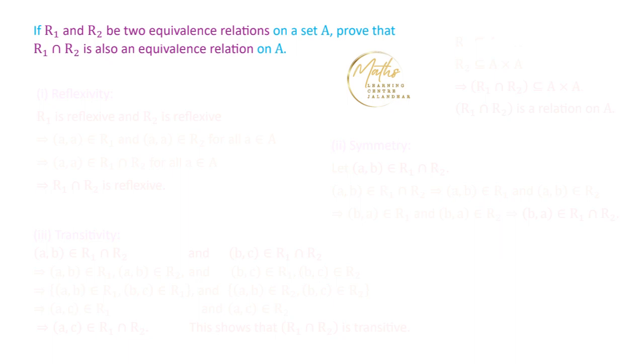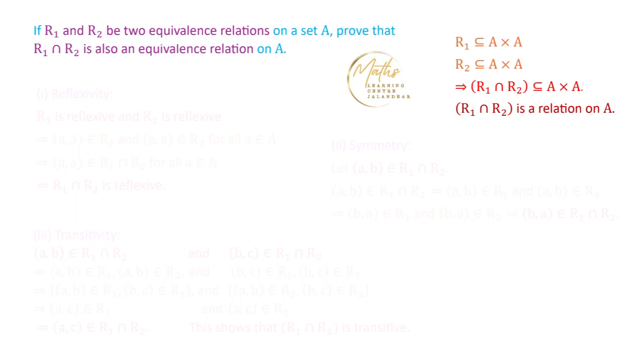R1 is a relation on A, which means R1 is a subset of A cross A. R2 is a relation, so R2 is a subset of A cross A. This implies that R1 intersection R2 is a subset of A cross A. So what we obtain is that R1 intersection R2 is a relation on A. This is the first thing we have proved.